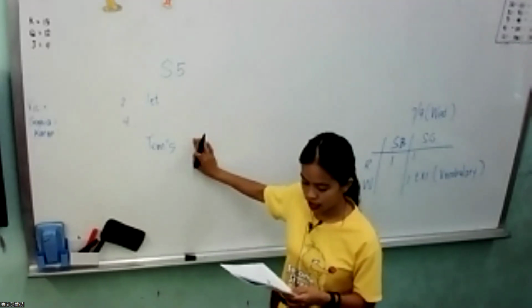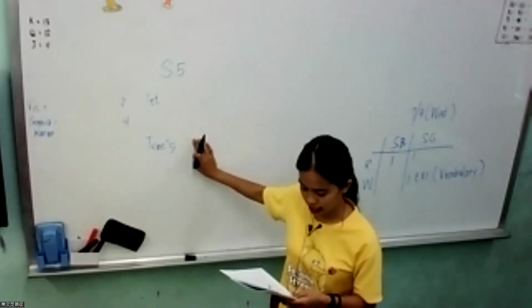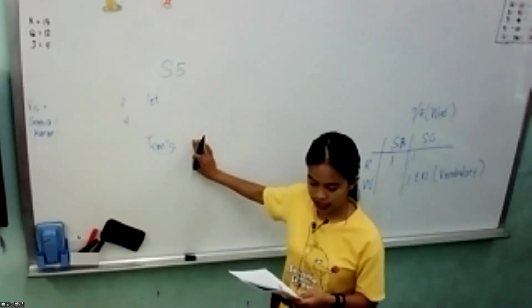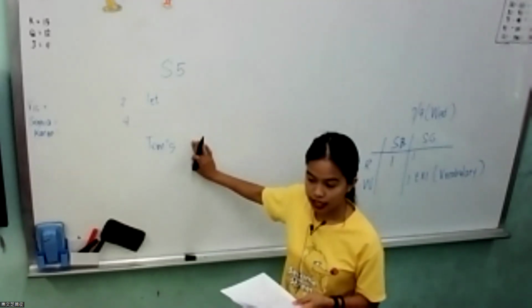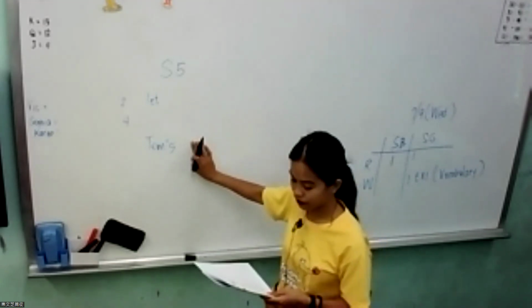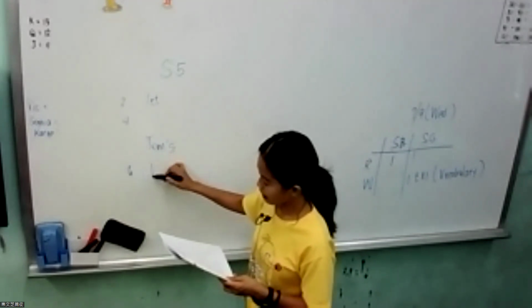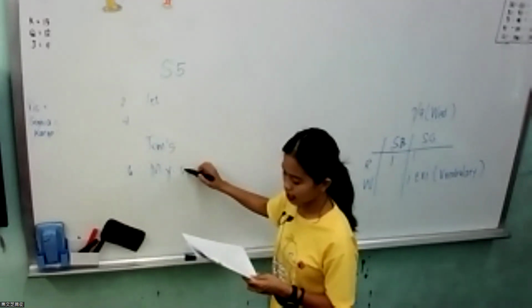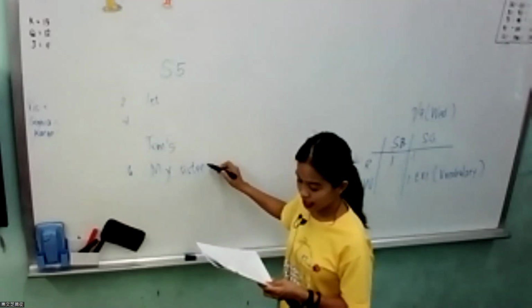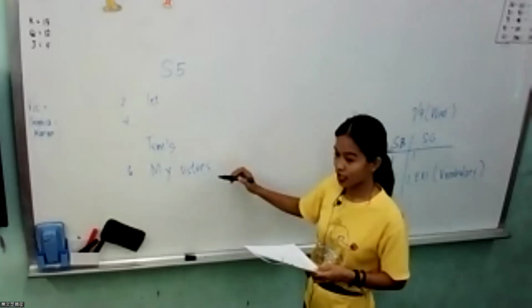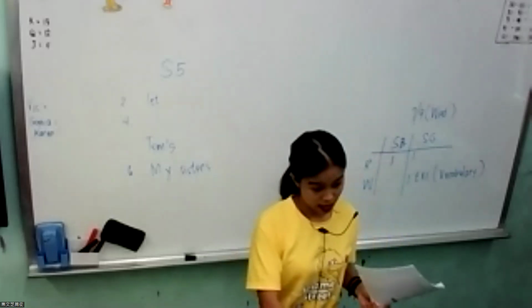My sister's city is my city too. Blank is mine. Hers. Why hers? Number 6. Whose city is it? Sister. Right? So for example, you are my sister.